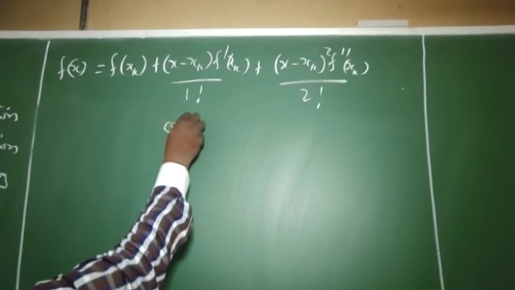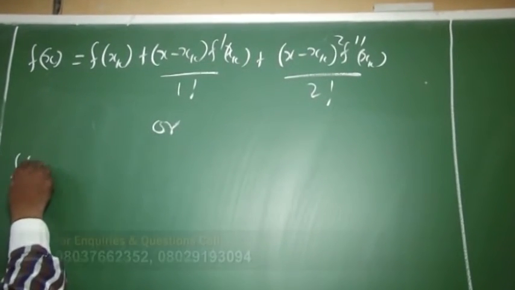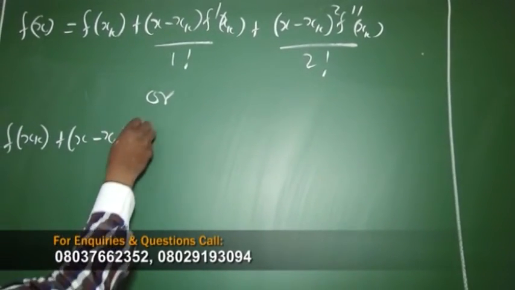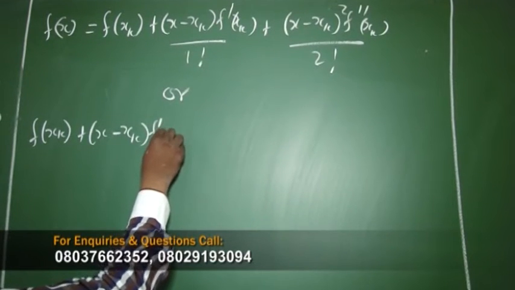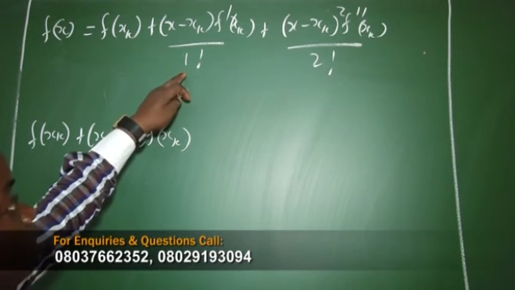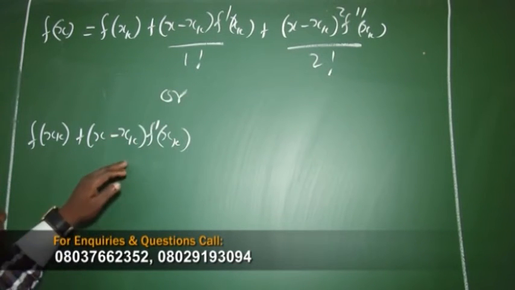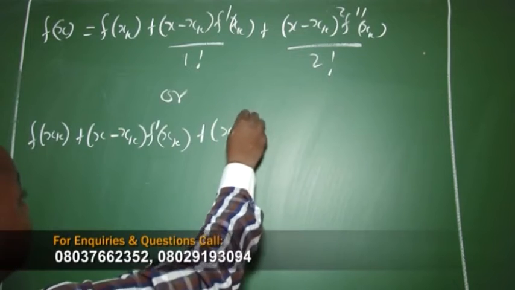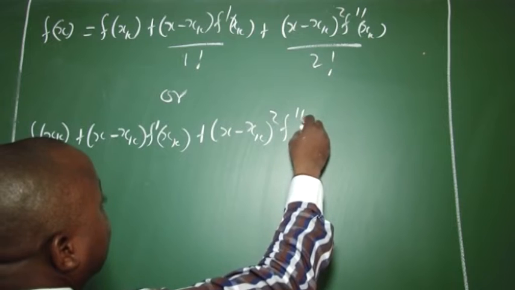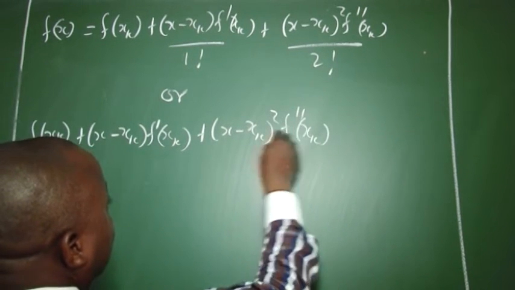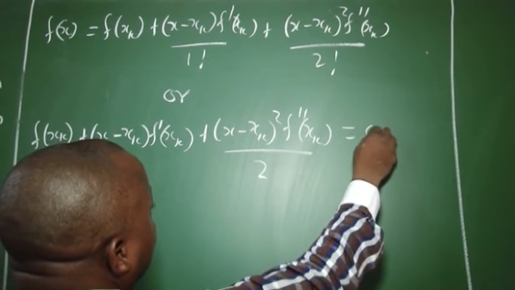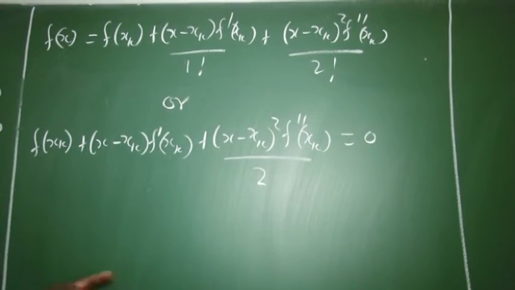Or we can write this in this form: f of xk plus (x minus xk) f prime of xk, since 1 factorial is 1, plus (x minus xk) squared f double prime of xk over 2, since 2 factorial is 2, equals 0. So we can write like that.